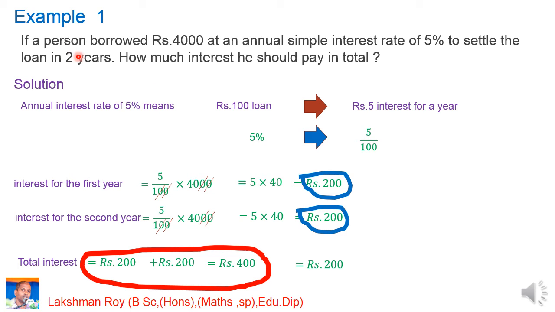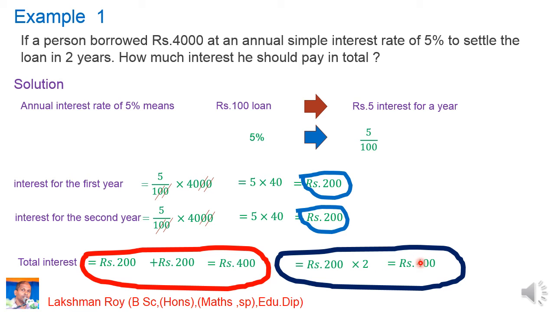Why? Every year the interest is 200. So interest for 1 year, 200 rupees, multiplied by the number of years, 2, you get 400 rupees. So no need to calculate with this long method. If you calculate interest for 1 year, then multiply by the number of years, you get the total interest.